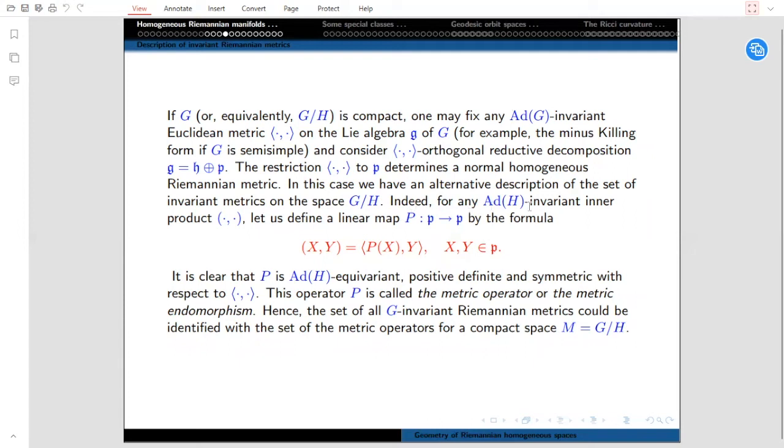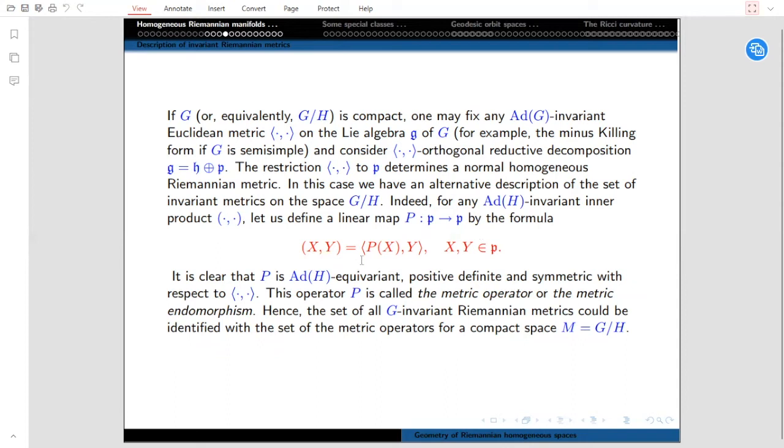Indeed, for any Ad H-invariant inner product of this type, let's define a map from p to p by this formula. This is one inner product, and this is another, fixed inner product.